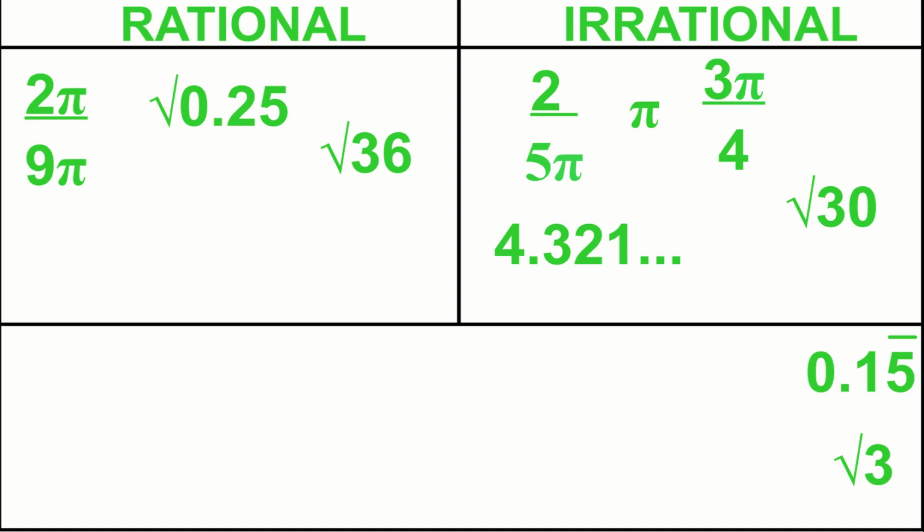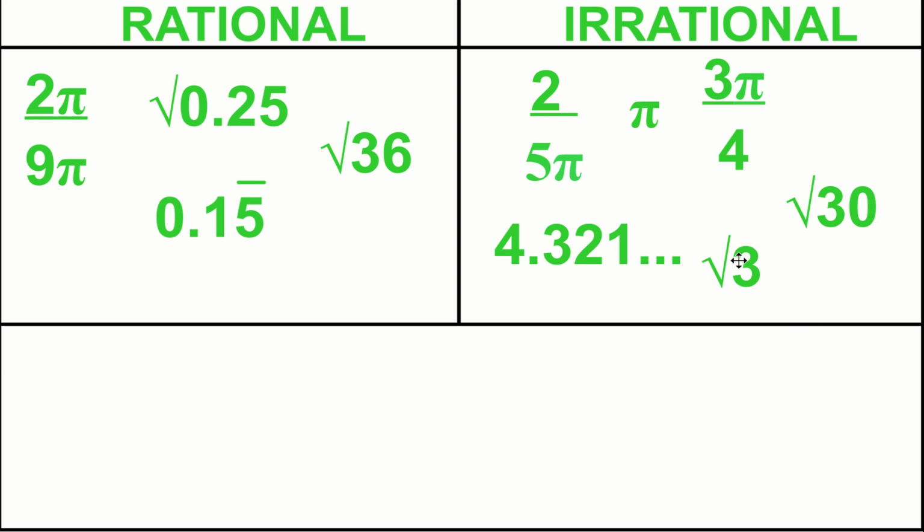Prince? 0.15 is a repeating decimal. That makes it rational. Three then. Alea? Irrational. All right, any questions on those?